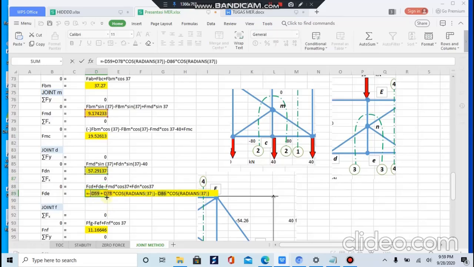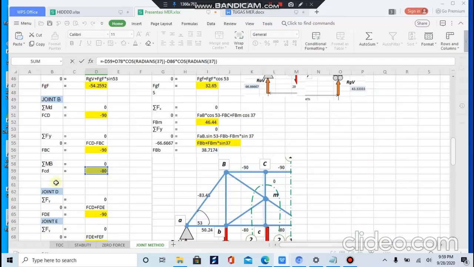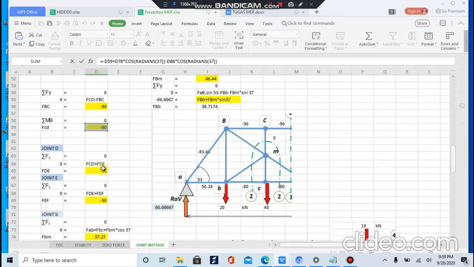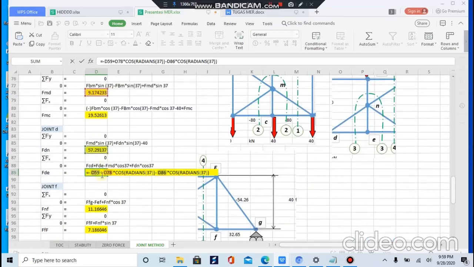Here FDN, oh no, here FCD, whereas it is minus 80 plus FMD cos 37 minus FDN cos 37.